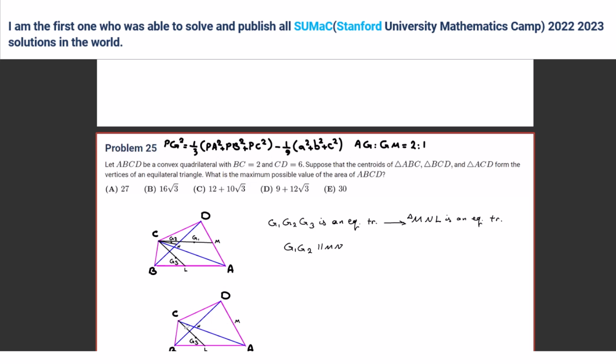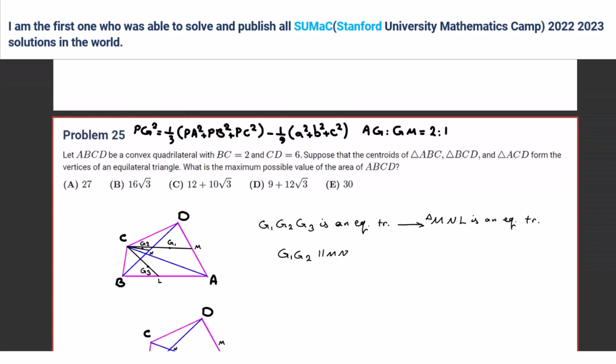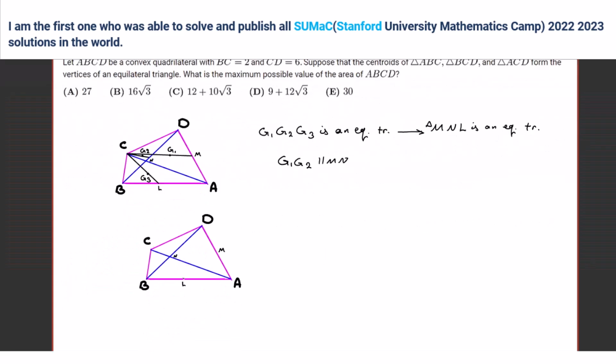Yes, because G was the intersection point of medians, and we would have to draw medians, but here we don't need to draw new lines. It is only midpoints of the two sides and the diagonal, right? Okay, this one is equal to this one is equal to this one.